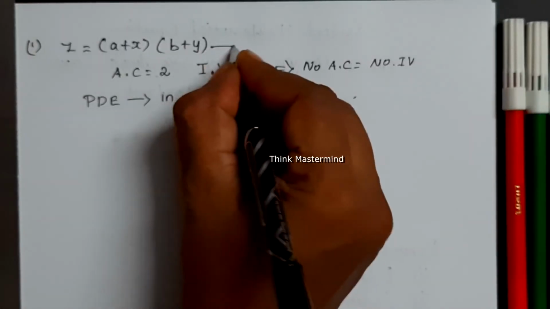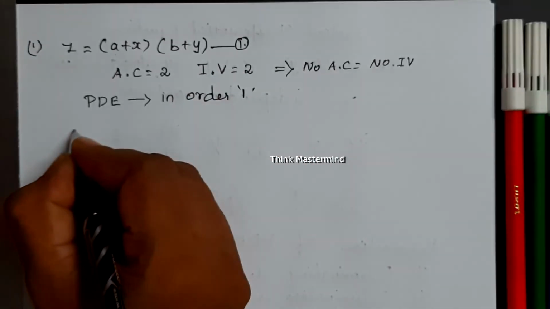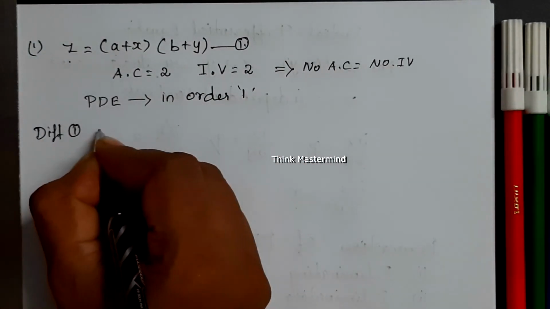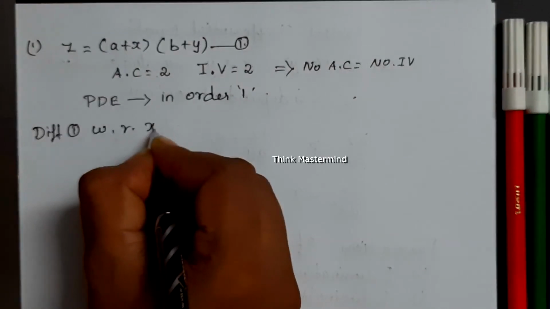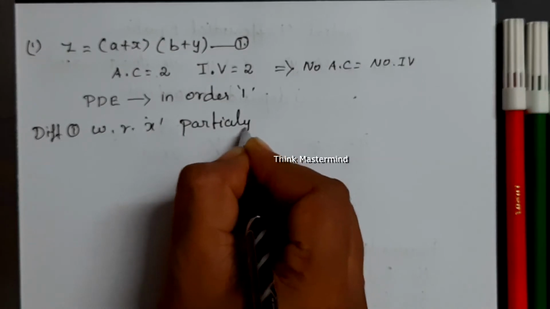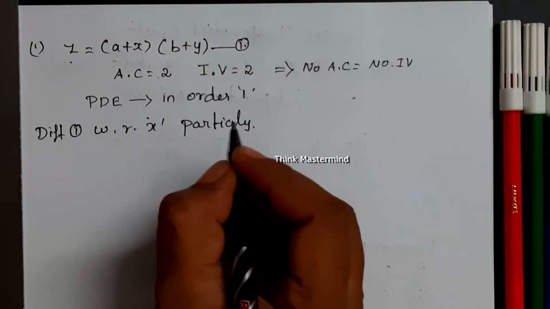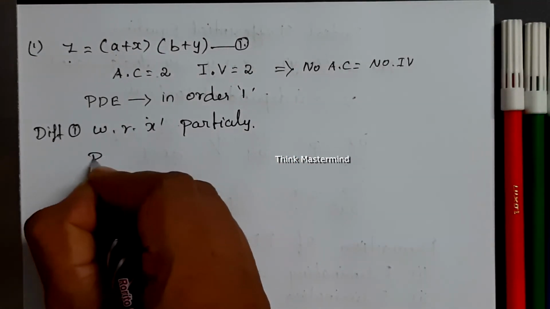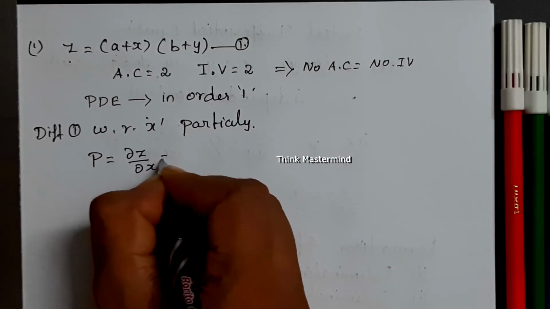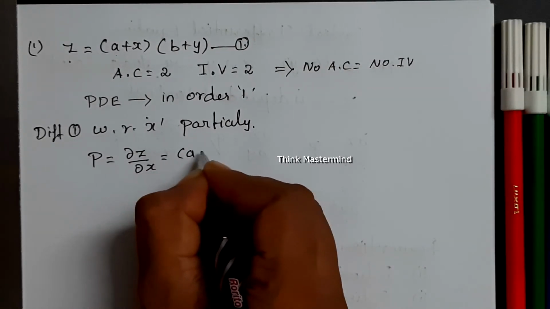I mark this as equation 1 and differentiate equation 1 with respect to x partially, which means you have to consider y as a constant. We know the notation p is equal to dou z by dou x, that is equal to a plus x into b plus y.